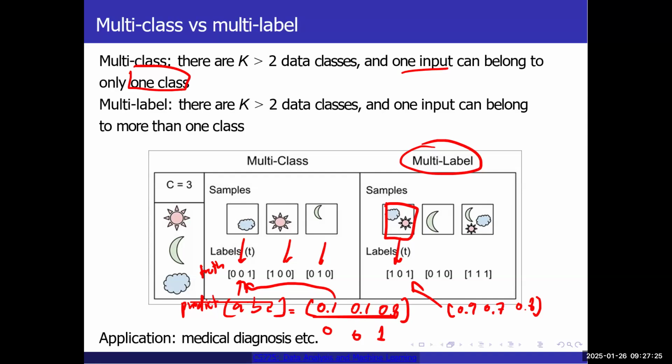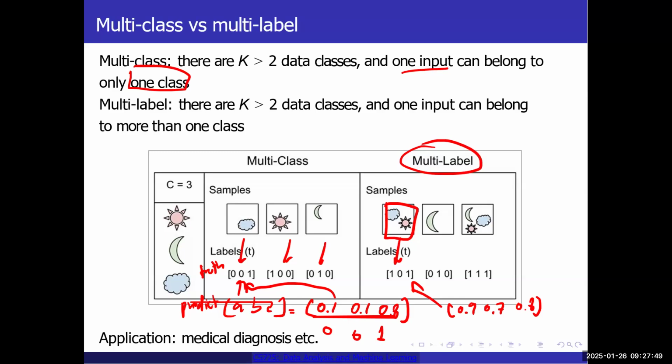Multi-class, only one class per object, but your answer needs to include three numbers. Basically, you have to compute the probability of this object belonging to each of the classes. In multi-label, it's the same concept, but one object can belong to more than one class, and your answer doesn't have to sum to 1.